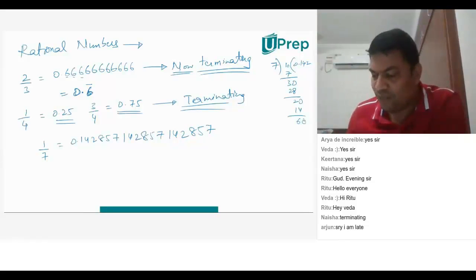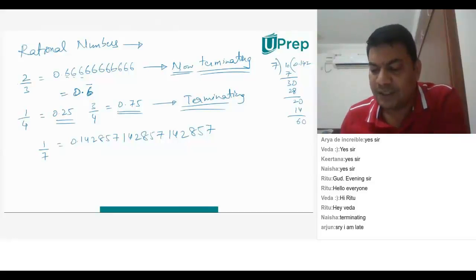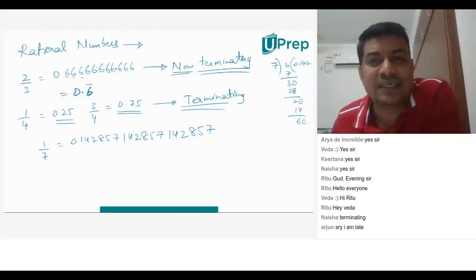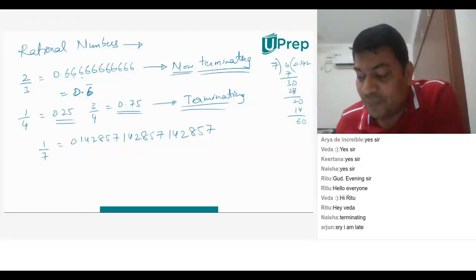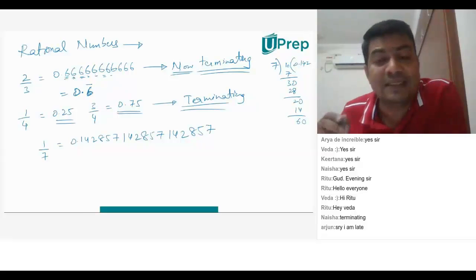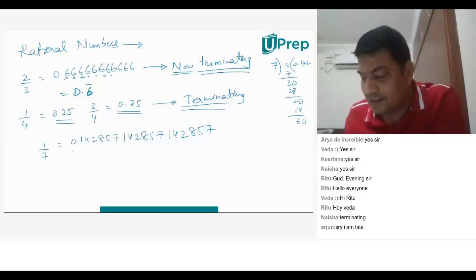So basically, if you look at 142857, 142857, 142857, even in the case of 2 by 3, you can see 6, 6, 6, 6, 6, 6. It's non-terminating, but 6 is repeating. It is recurring. In this case, that's the reason we write it as 0.6 bar.